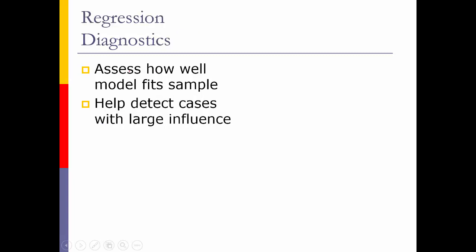Now in terms of your regression diagnostics, all that box is going to do is tell you how well the model fits your sample, and it's going to be able to help us detect cases with large influence. So you're going to want all of your predicted values, your standardized residuals, your standardized DFFit, and all of your distances, the Cook's, Mahalanobis, leverage values.